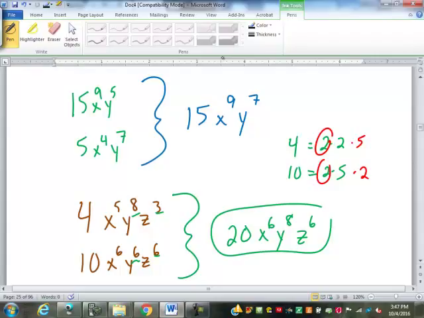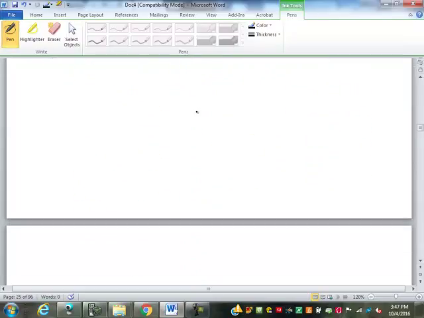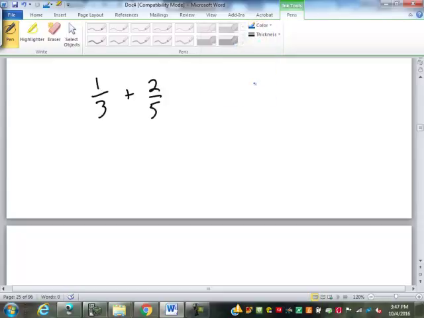Well, in fractions, this process is very important. Back on the first day, we saw an example that was something like 1/3 plus 2/5. And we said we couldn't add those the way they were written because they have different names. And that's very true. So the first step in adding fractions is figuring out what name we have to change them to so that they are the same name.